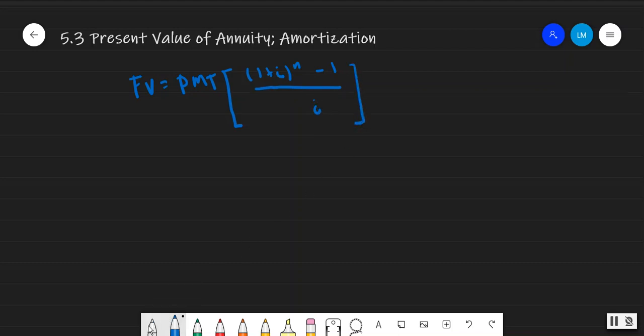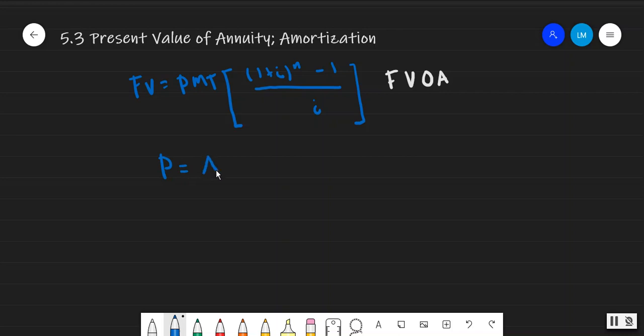Again, this was just the future value of an annuity. I have an easy way of getting the formula for the present value of an annuity. We just have to think back to how you get the present value with compound interest.